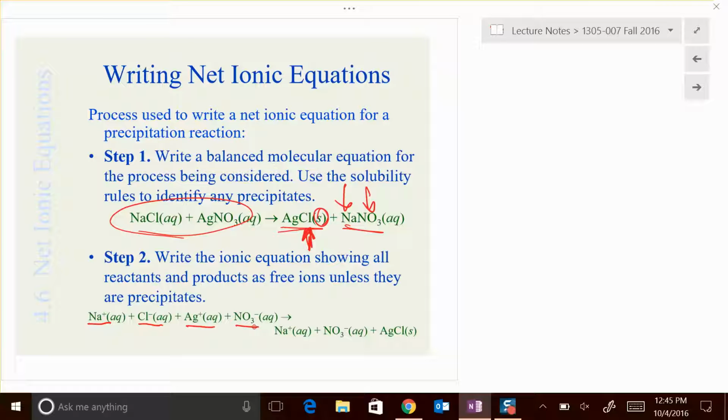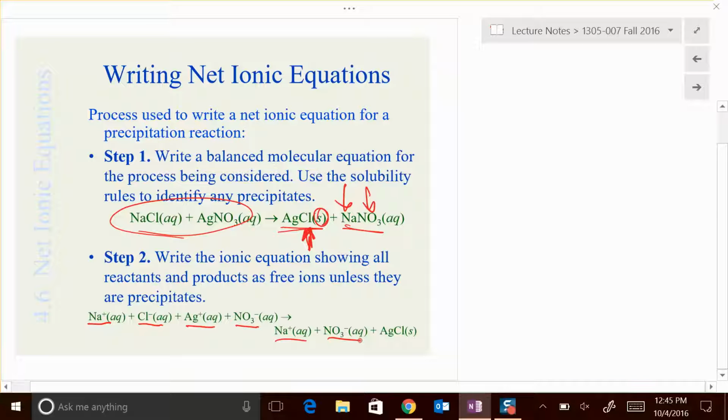So we represent them all broken apart. Now, as products, we represent the aqueous products broken apart, but the solid products we keep together because they don't break apart. They stay together, and they form a solid product.